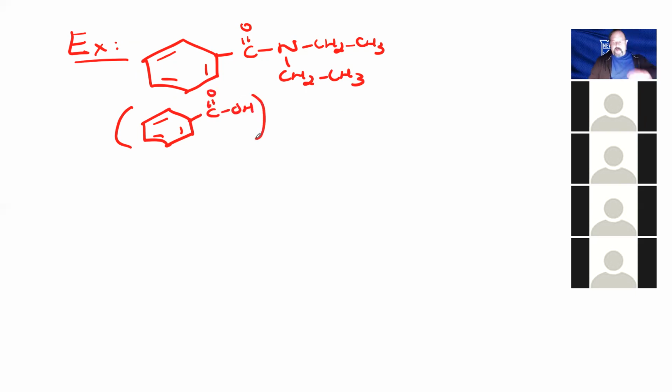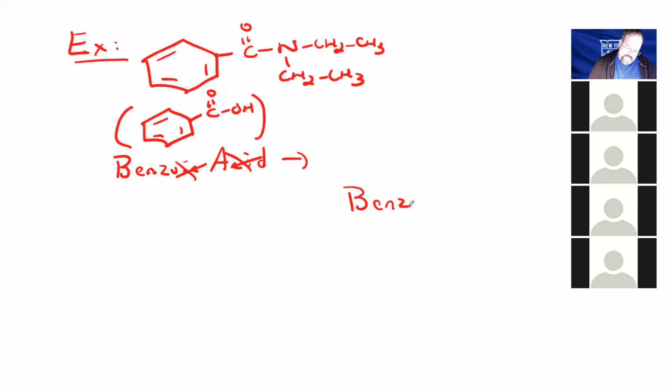The corresponding carboxylic acid here would have the benzene ring with a C double bond O OH attached to it. This carboxylic acid is what is known as benzoic acid. Take out the OIC, take out the acid, and the parent name for the amide would be benzamide.